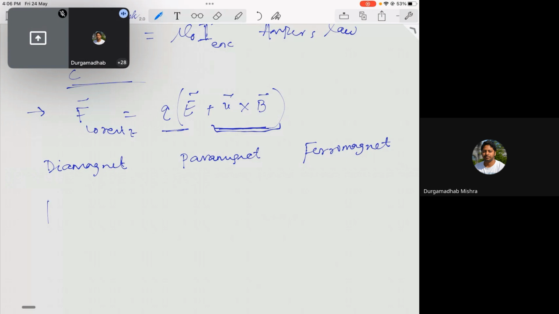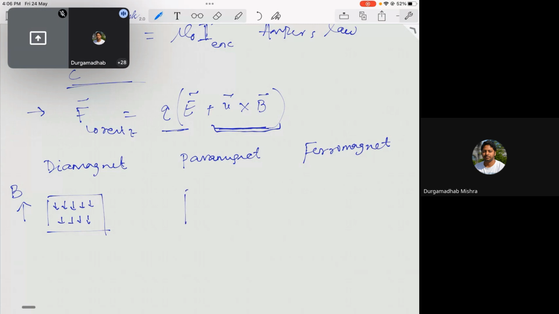The difference, in a simple way: in a diamagnet, if I apply a magnetic field B, there will be an induced magnetization which will be opposite to this applied magnetic field. These small arrows represent small magnetic dipole moments which form within the material.